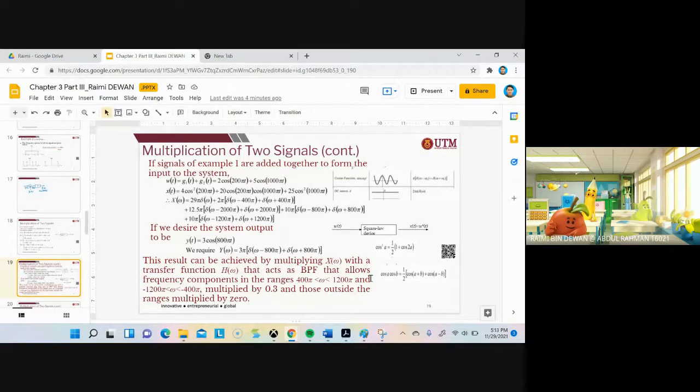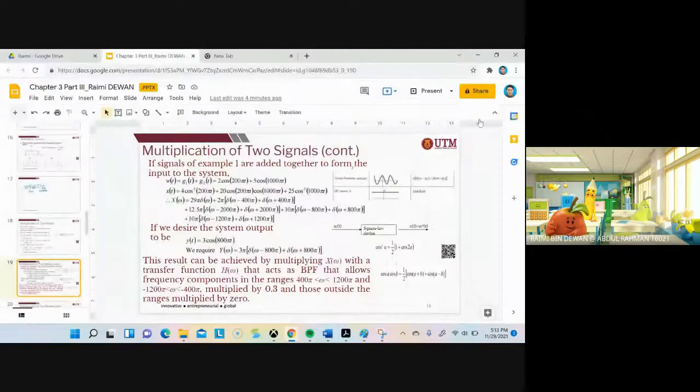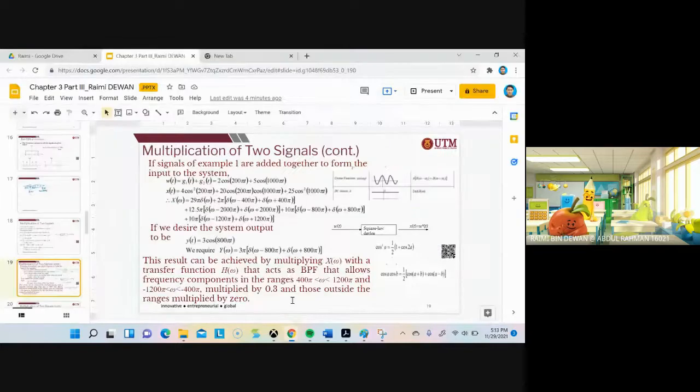Okay, wait. Never mind, I use this space. Sorry, I need to see the screen again.